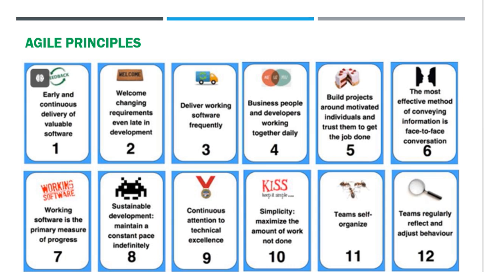In a similar way, in an agile team, product owners and developers have daily stand-ups where they discuss progress, address issues, and align on the next steps, ensuring everyone is on the same page. So, we can say that business people and developers must work together daily throughout the project.